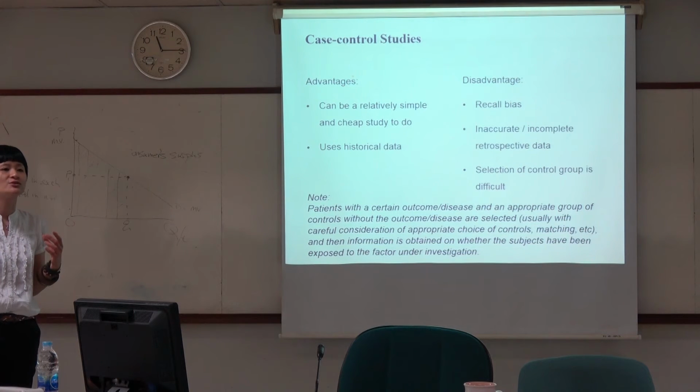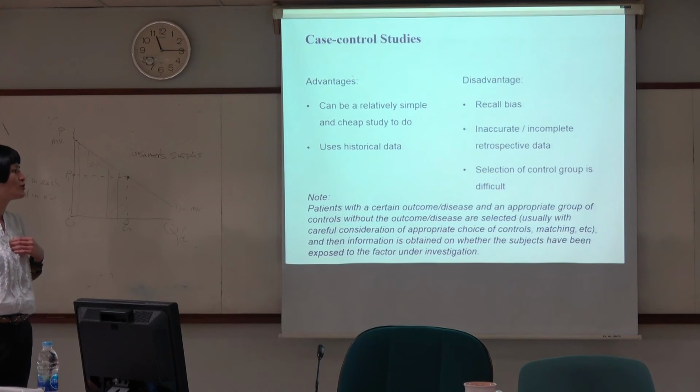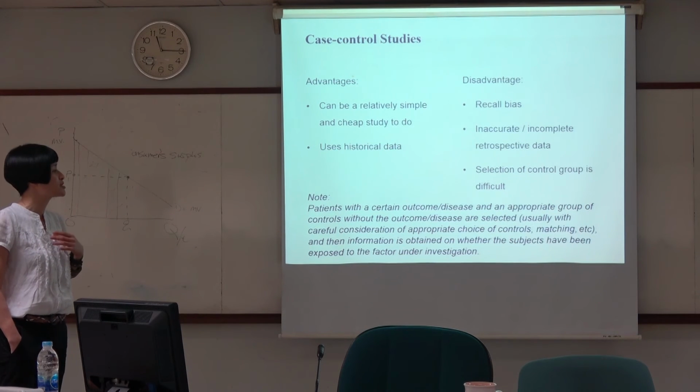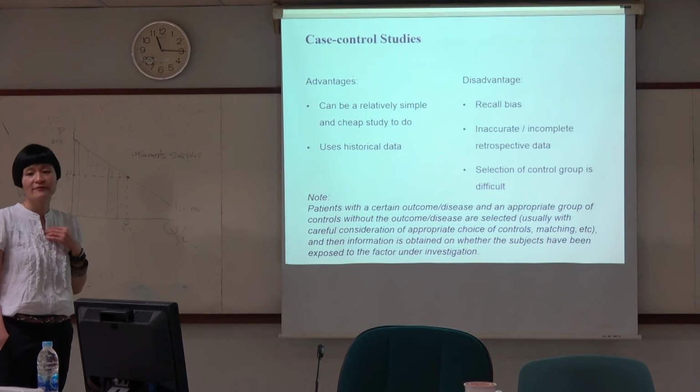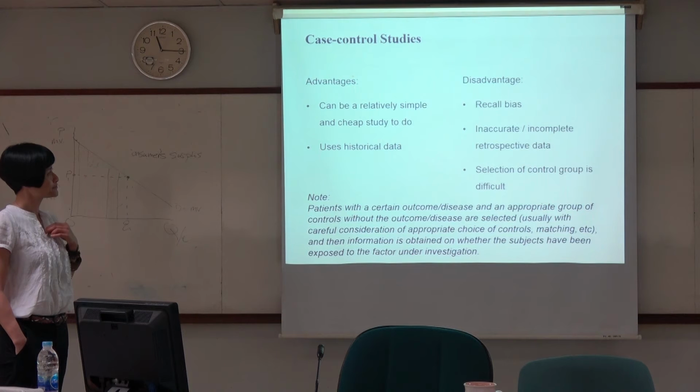Historically you see very minimal matching just on age and sex, and that's really not enough. You really need to try and match the two groups with as many relevant criteria as possible. And in a lot of epidemiology studies, matching underlying comorbidities is very important. And then the information is obtained on whether the patients have been exposed to the factor that you're interested in.